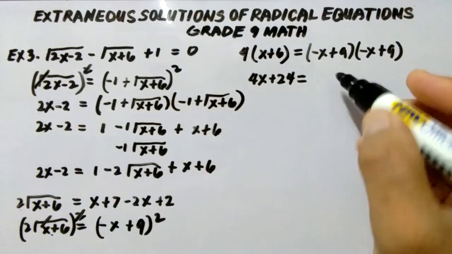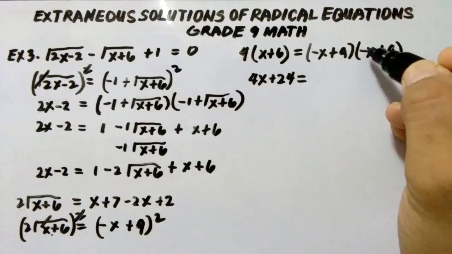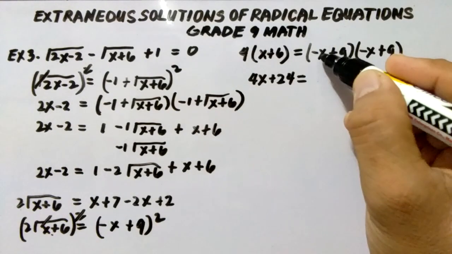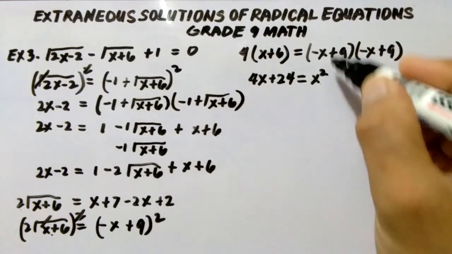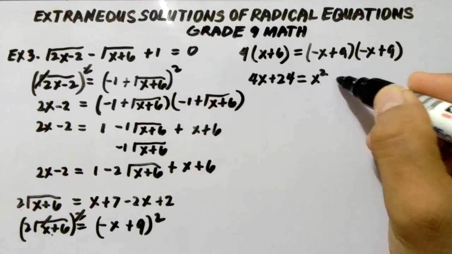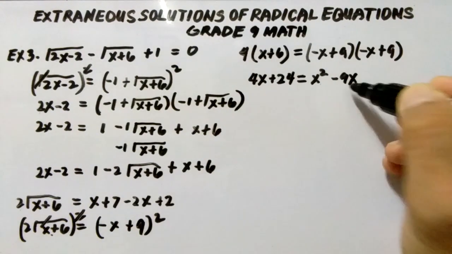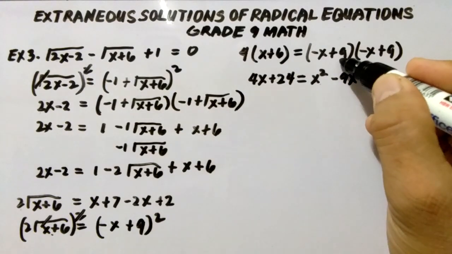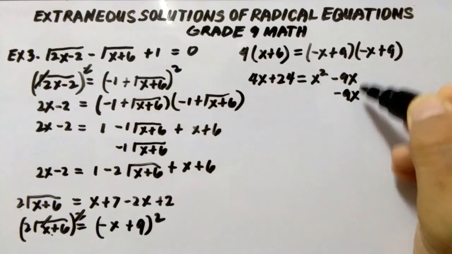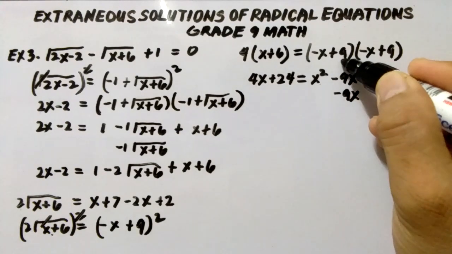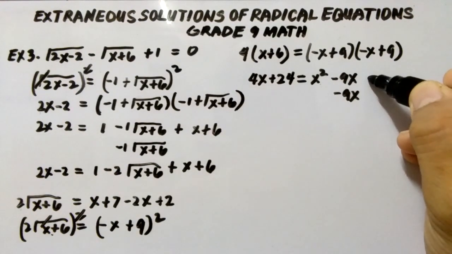Is equal to, then, multiply po natin ito using the FOIL method. Negative x times negative x, that is positive x squared. So, negative x times 9, that is negative 9x. So, positive 9 times negative x, that is negative 9x. So, 9 times 9, that is 81.